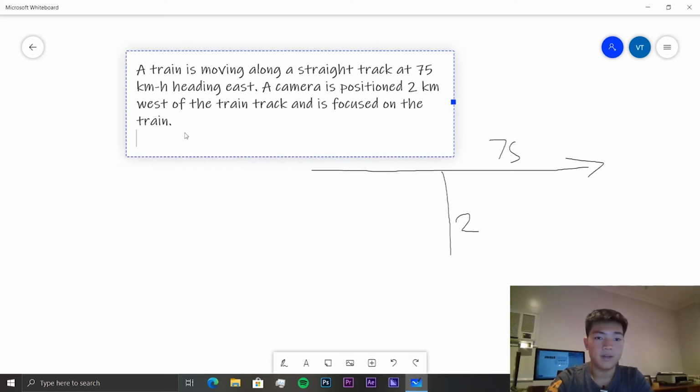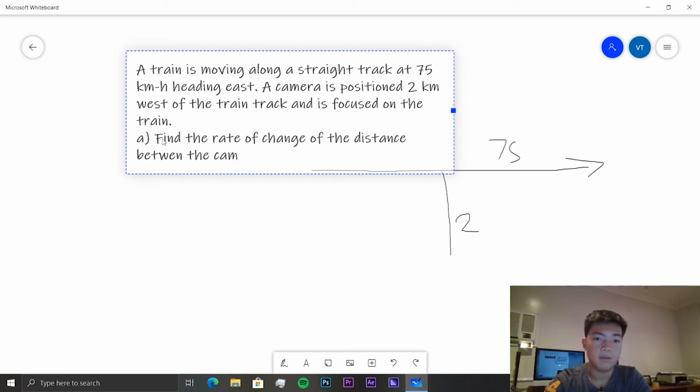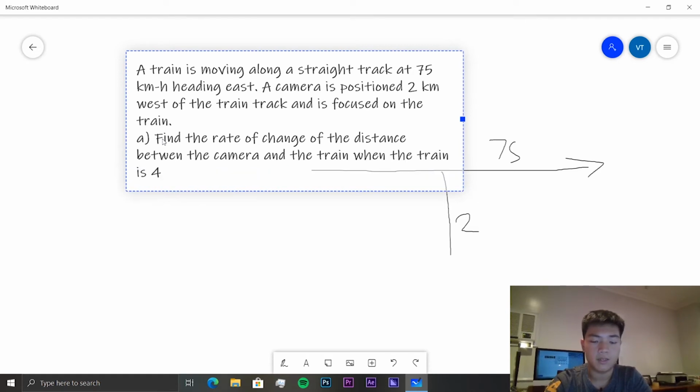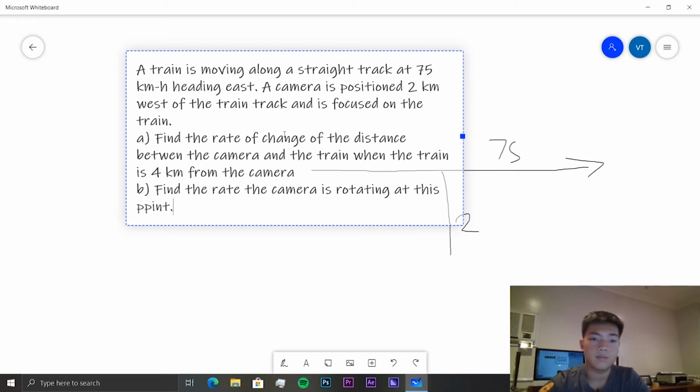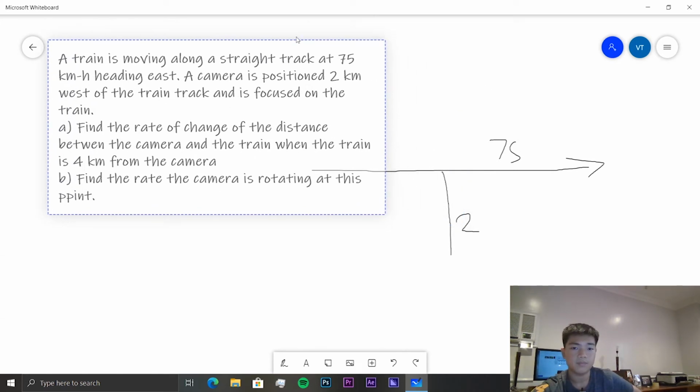So find the rate of change of the distance between the camera and the train when the train is 4 kilometers from the camera, and find the rate the camera is rotating at this point. Okay, so can I move that?